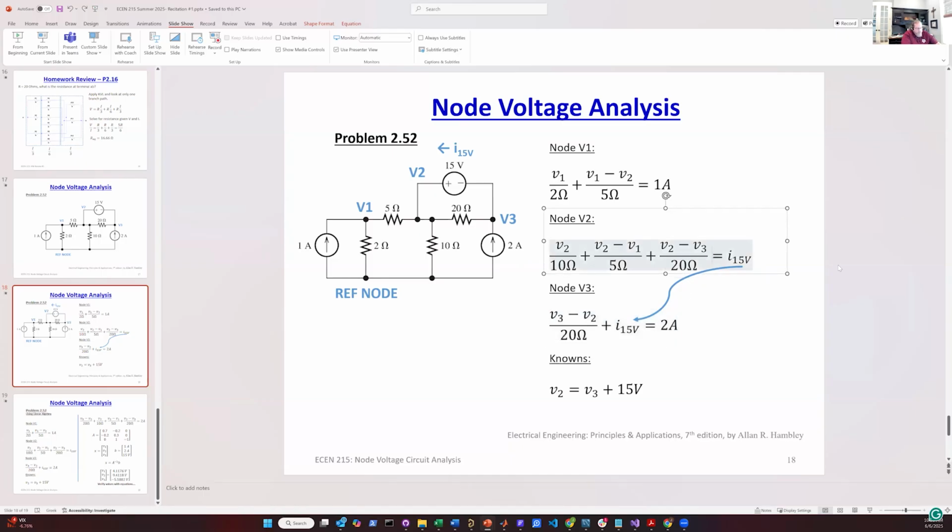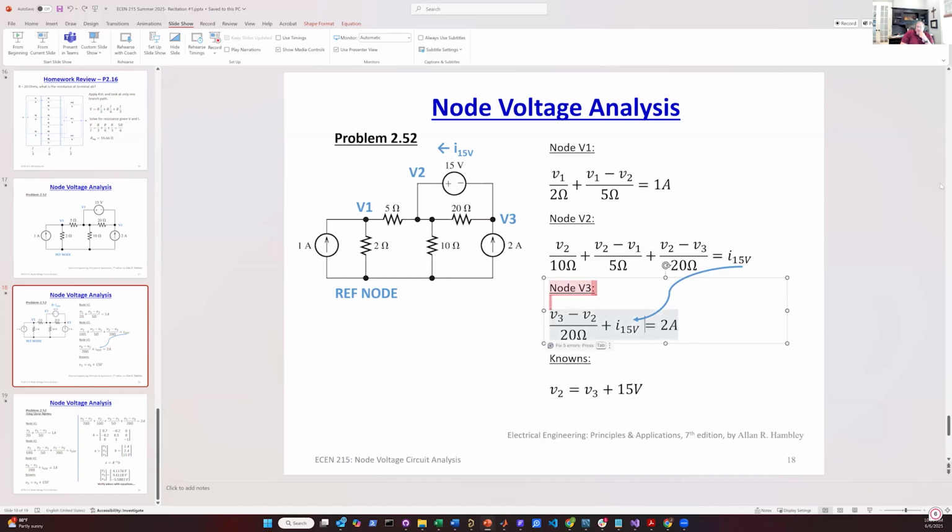Hence, with just our algebra, we flip it over to the other side. And that has to equal 2 amps, because to make this equal to 0, this would normally be minus 2 amps equal to 0. So that's where everything is.